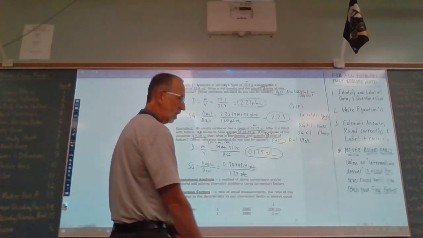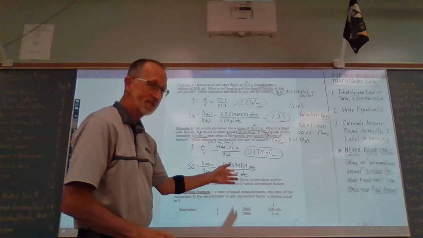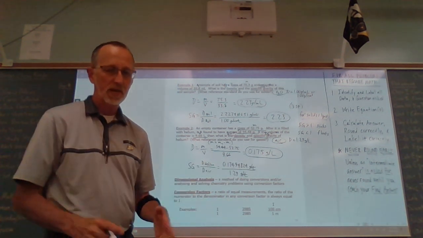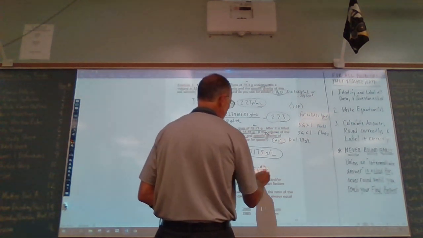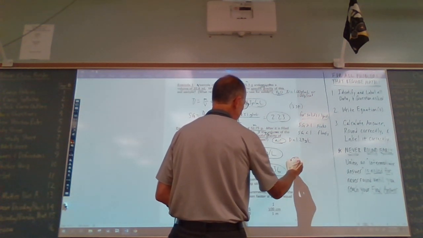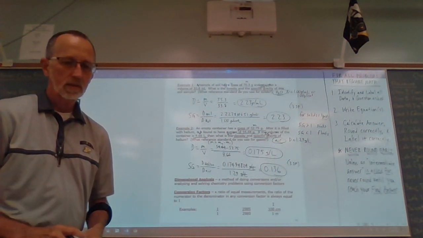Again, those units cancel. And again, here we're just dividing, so we're rounding by sig figs. Here we have a bunch of sig figs. Here we have 3, we round to 3. 0.136. These are both 3 sig figs. Okay?